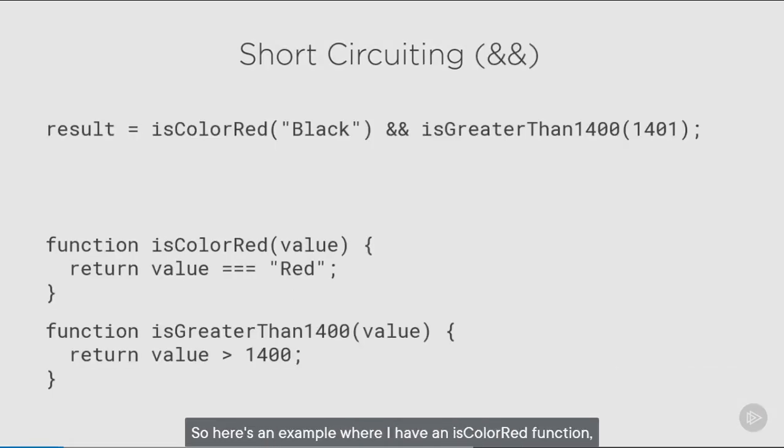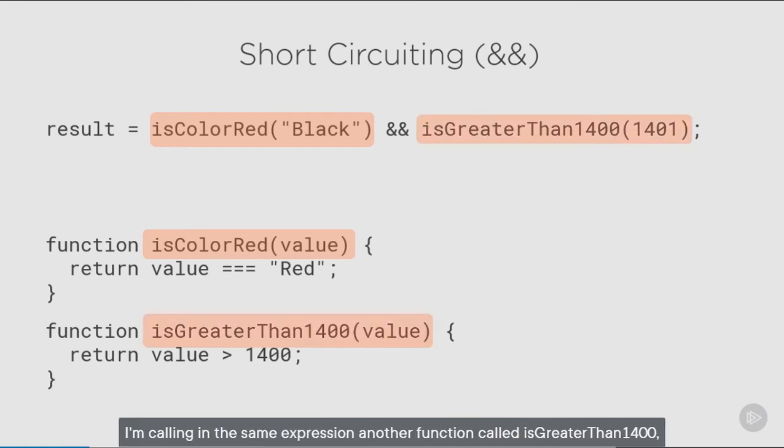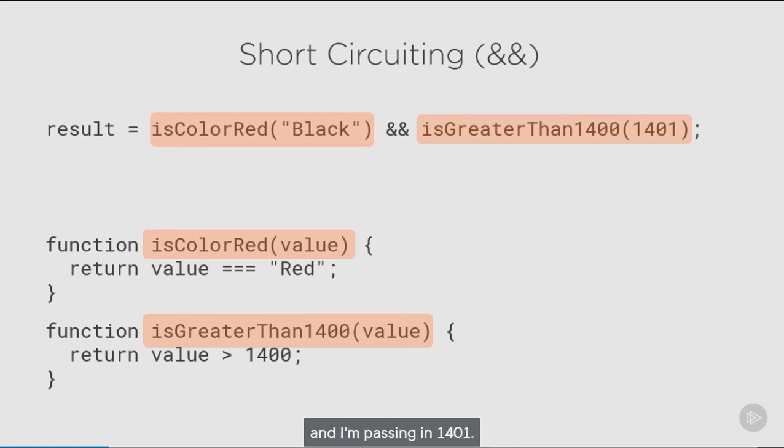Here's an example where I have an isColorRed function, and if I pass in black, it's going to return false. Then, as you can see, I'm calling in the same expression another function called isGreaterThan1400, and I'm passing in 1401. That will actually return true.